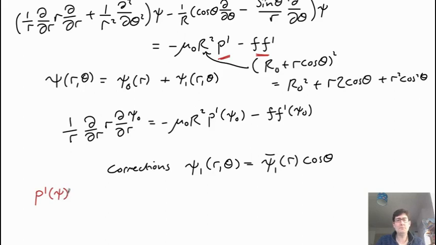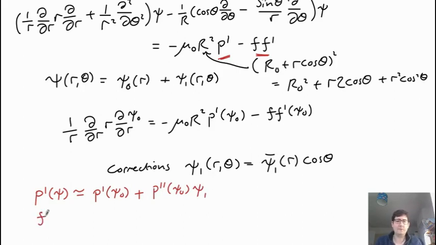If the correction is small, we can do a Taylor expansion, and so we can write that this is p prime of psi naught, which is what we have in this part here, in the zeroth order force balance, plus the Taylor expansion, which is p double prime, the second derivative of p with respect to psi naught, multiplied by the correction, so multiplied by psi 1.